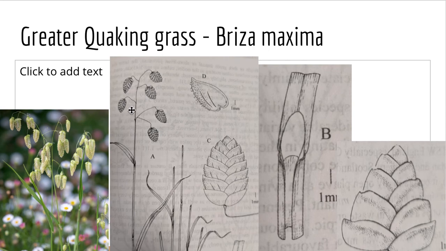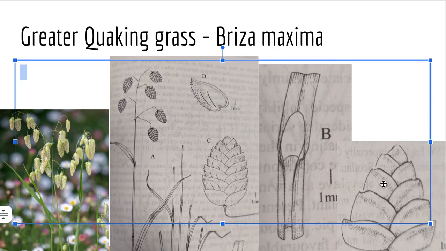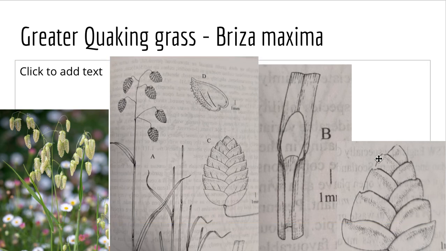I believe there's a max of 7 per spike. There's 6 here, but it is a max of 7. This is off Briza minor, so you can compare the difference. Definitely a bigger structure compared to the more pyramidal shape of the Briza minor.